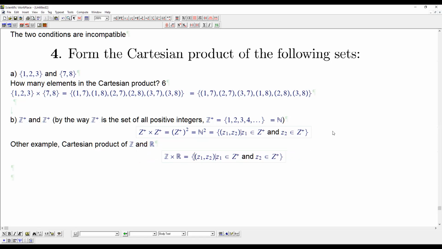But then you would say it's something like the set of small z and small r, such that small z is an element of C and small r is an element of R, which are the reals. So that's a neat way of writing it.